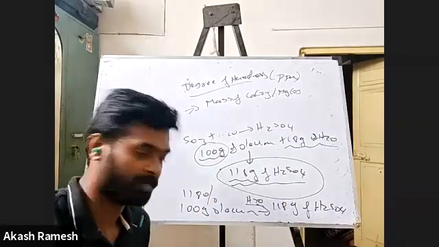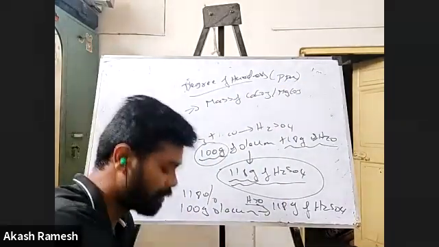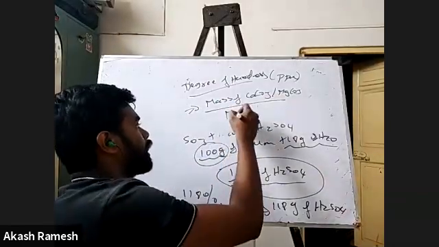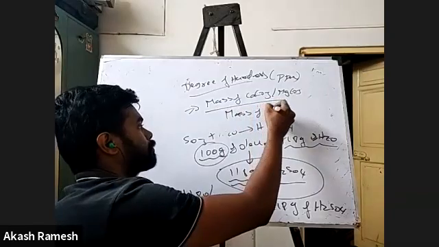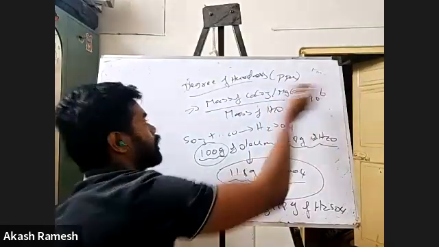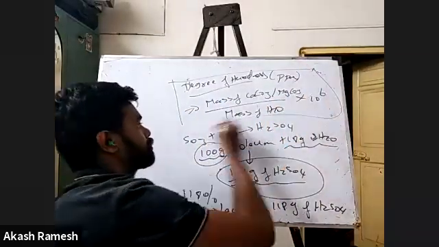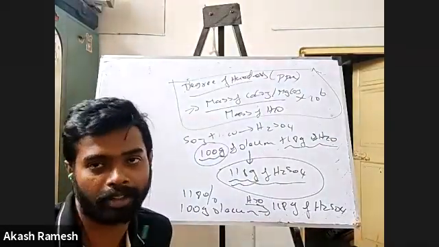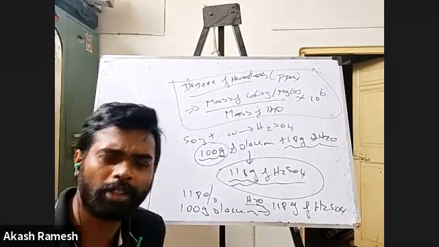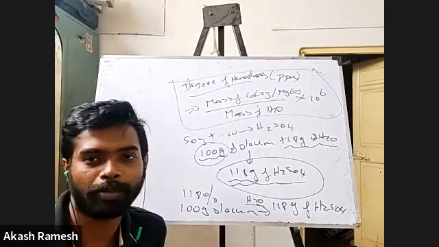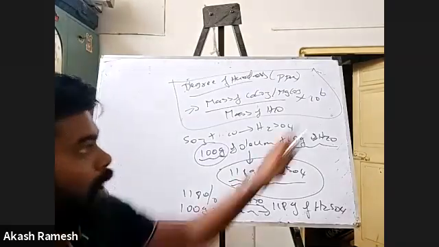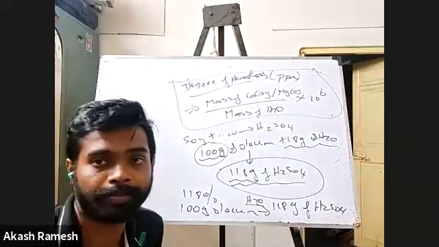So mass of CaCO3 or mass of MgCO3 divided by total mass of water, into 10 to the power 6. That is the formula for degree of hardness. The only thing I have to know is that degree of hardness is measured in terms of ppm. That's why I put 10 to the power 6, one million.